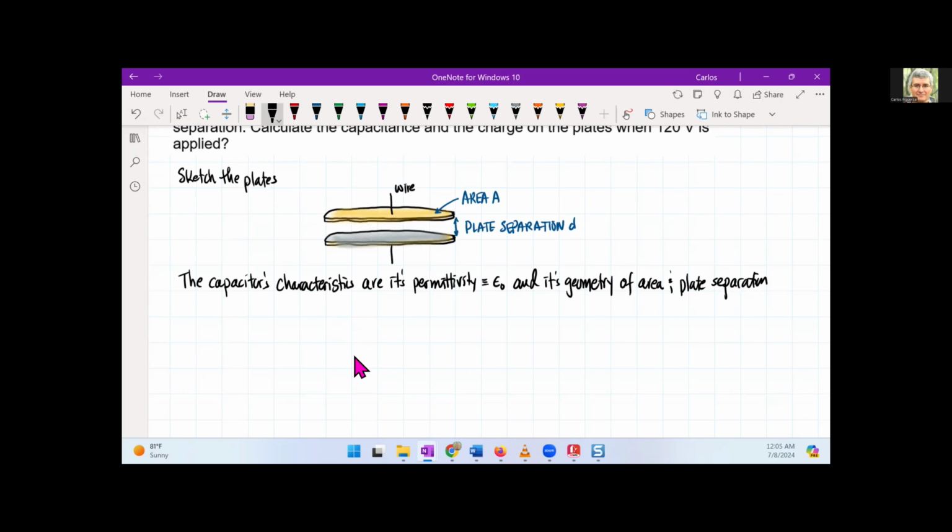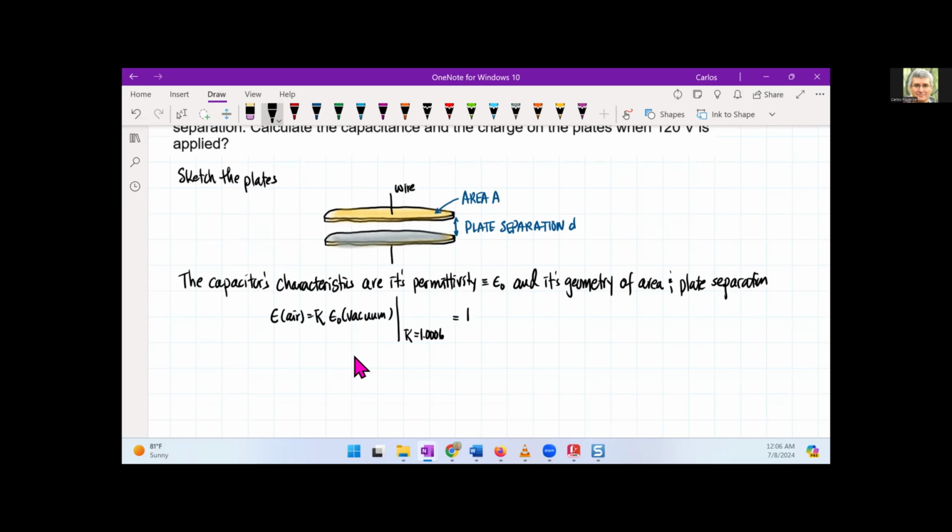When I look at the values, I have epsilon for air, which is going to be kappa times epsilon of the vacuum. For air and vacuum, kappa is very, very close to 1.